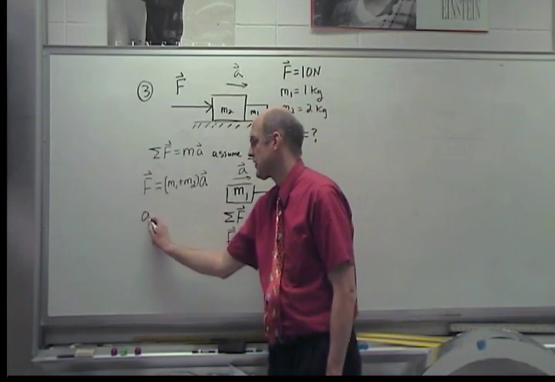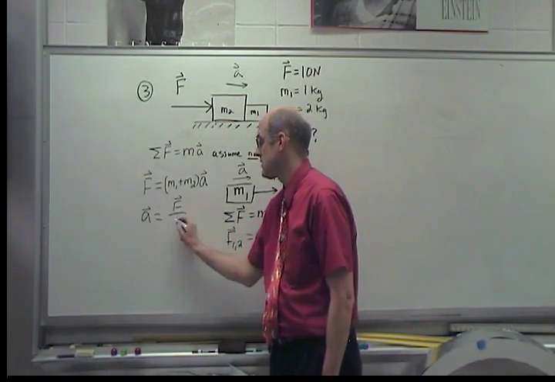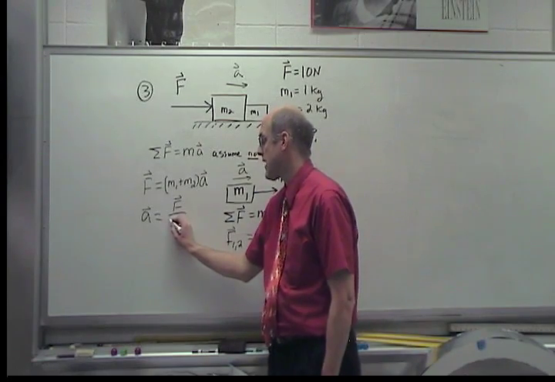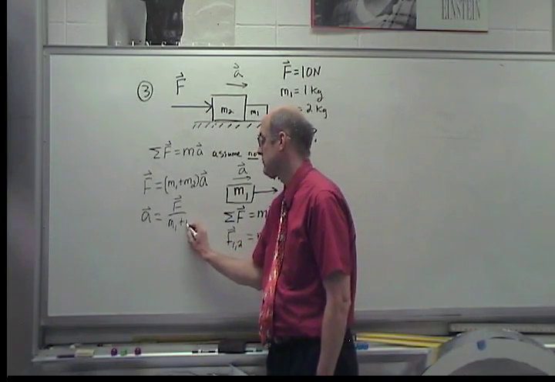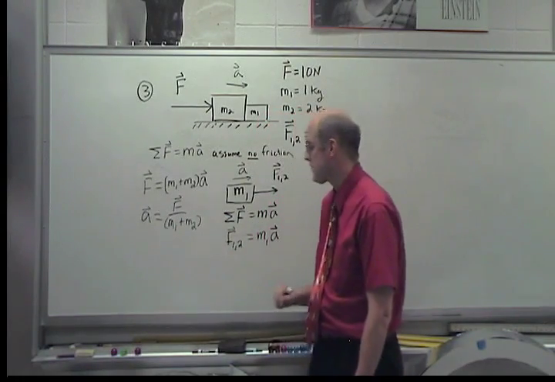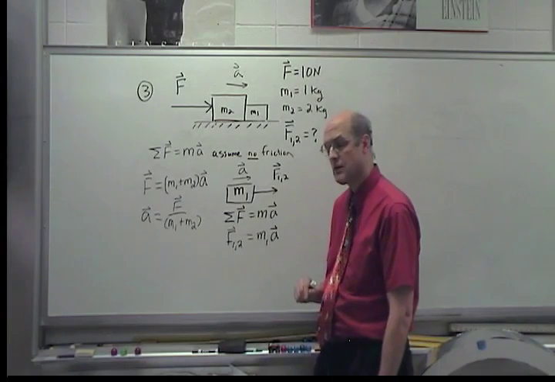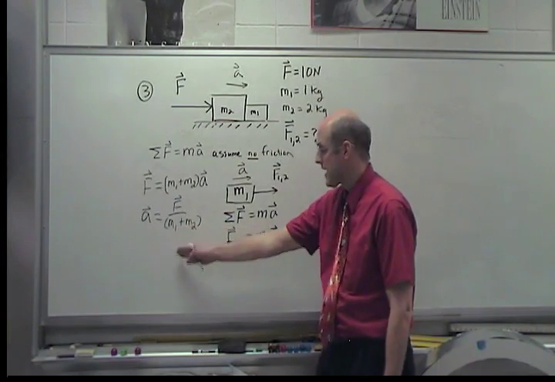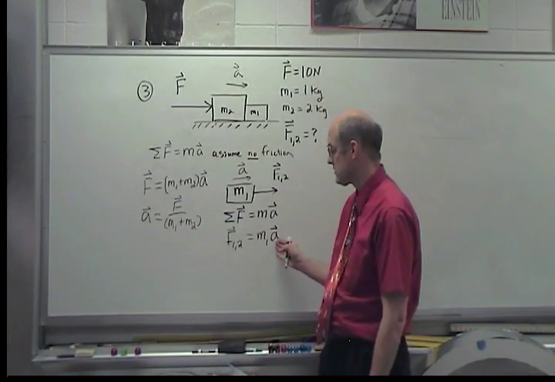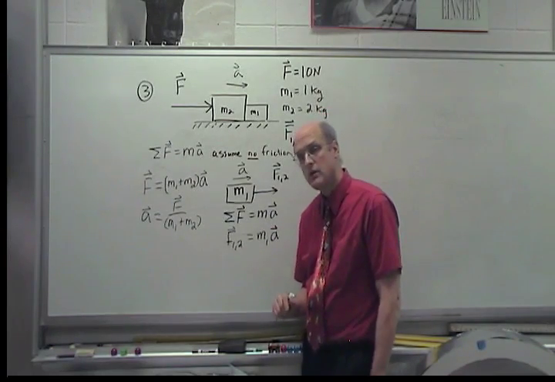Solving this for acceleration, we get the force, 10 newtons, divided by the mass, 1 kilogram plus 2 kilograms. So this will allow us to find the acceleration. Once we know the acceleration, we can take that value, substitute it into here, and we can find the force on 1 due to 2.